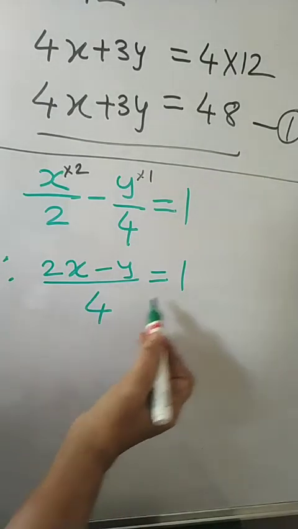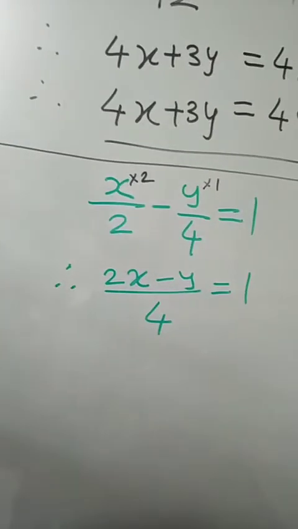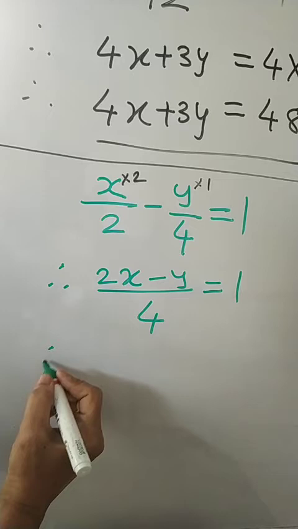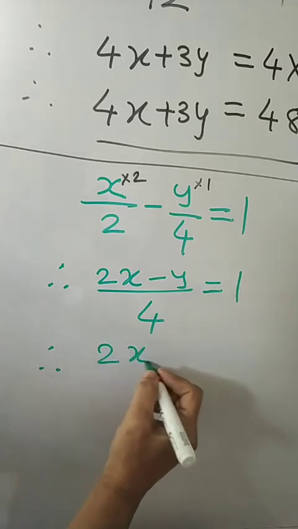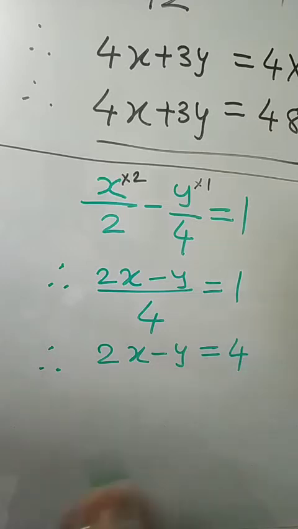Now we want to take 4 on the other side. So the next step again begins with a therefore sign. 2x minus y is equal to 4 into 1, 4. Fine. It is so simple. Was this difficult? No. But when you see fractions, there is that fear which sets in.